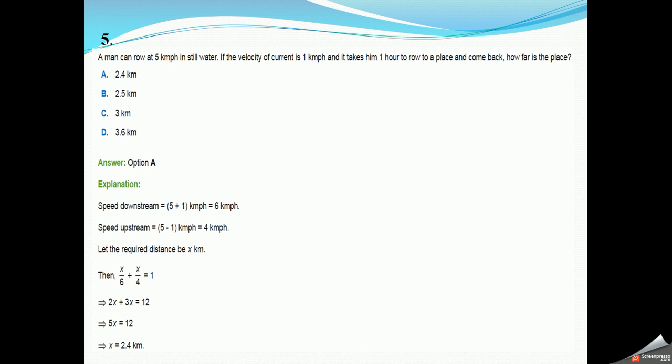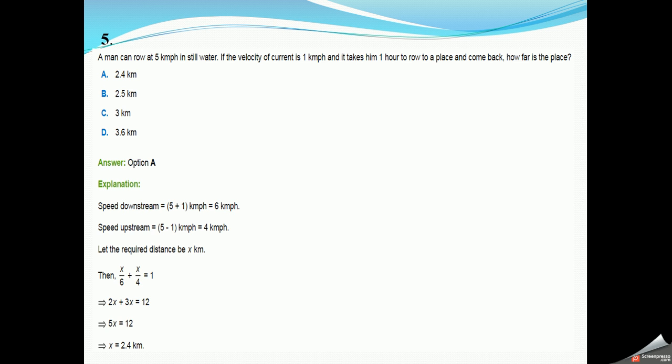Next problem. A man can row at 5 km per hour in still water. If the velocity of the water is 1 km per hour and it takes him 1 hour to row up and come back, how far is the place?